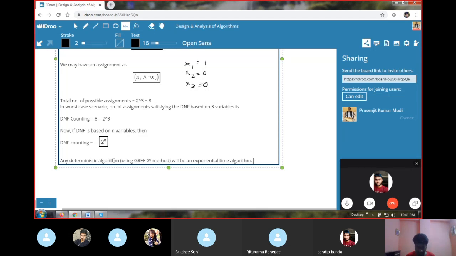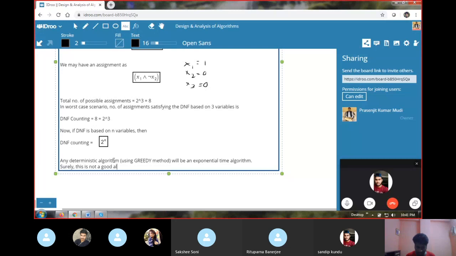So surely this is not a good algorithm, right? It is in the order of 2 to the power n, so the time complexity here is T equal to order of 2 to the power n.